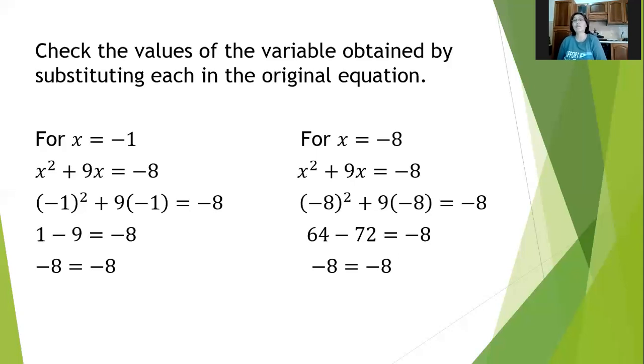Substitute the value of x, which is -8. -8 squared is 64, plus 9 times -8 is -72, is equal to -8. 64 minus 72 is -8. -8 is equal to -8. Therefore, -8 as a value of x is also correct. We have two solutions.